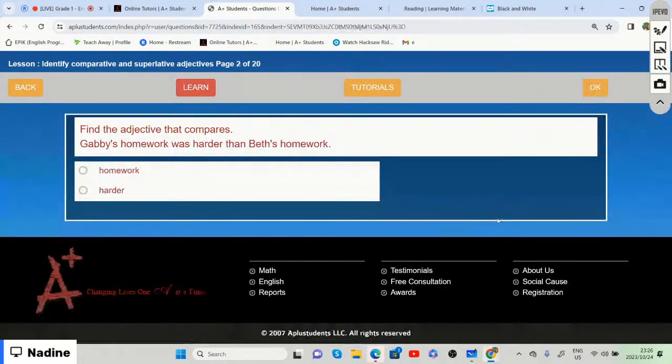Gabby's homework was harder than Beth's homework. So, the adjective that compares, is it homework or is it harder?